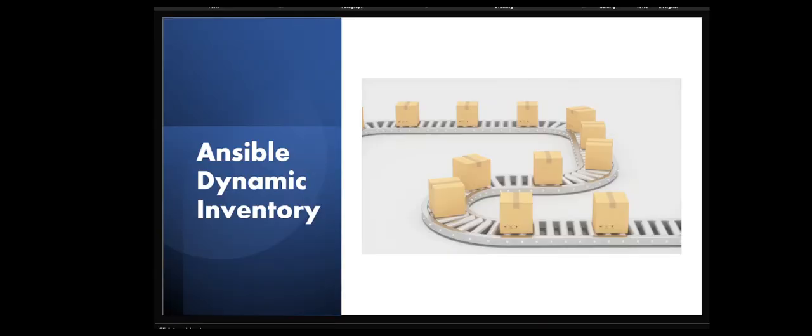AWS. Remember last week we started with the concept of inventory generally in Ansible. One of the things we said was, imagine you are a system administrator in charge of managing these 7 servers. This set of servers will be your managed nodes.